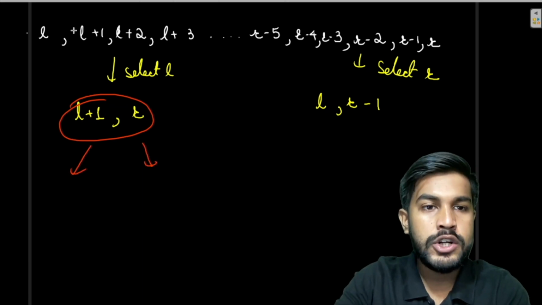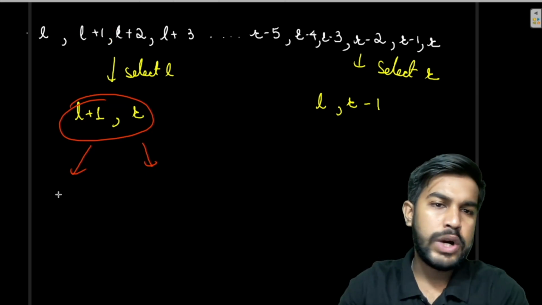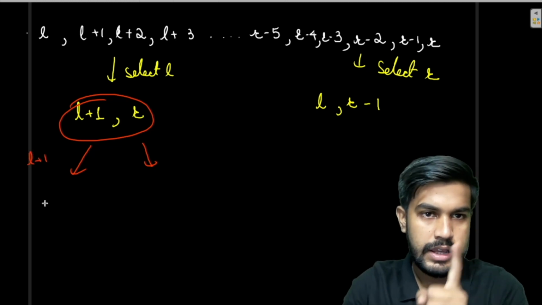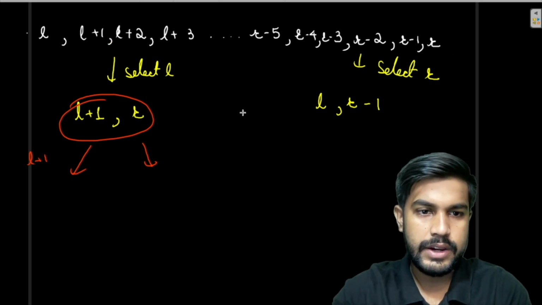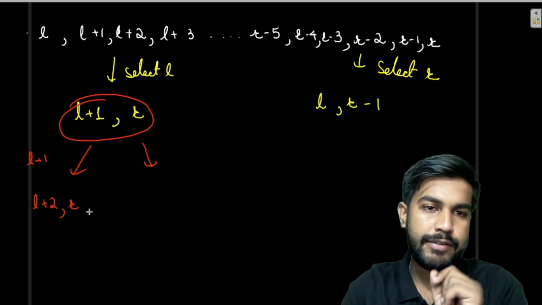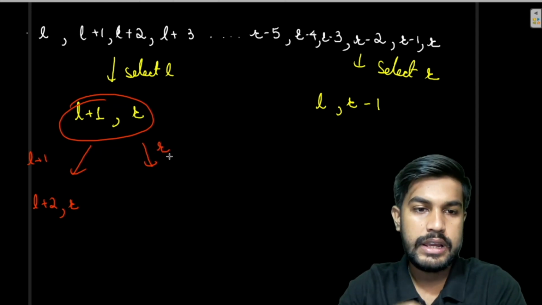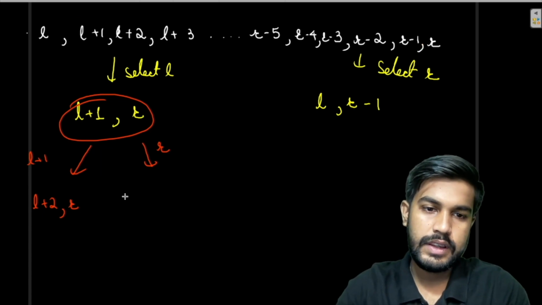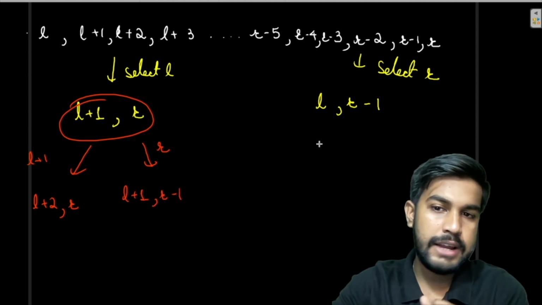He has the opportunity to select this L plus 1 or this R. If he selects the value L plus 1, then you would be left with L plus 2 till the value R. Now if he selects the value R, then you would be left with L plus 1 till R minus 1. You would be left with that.